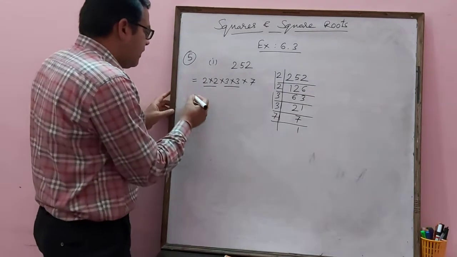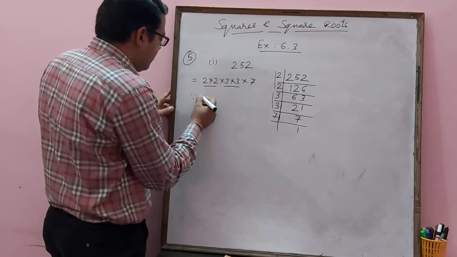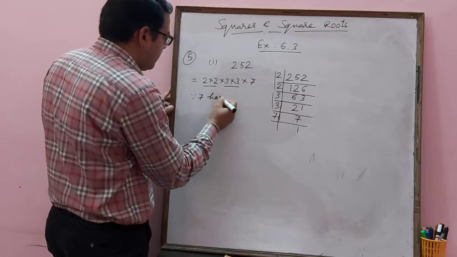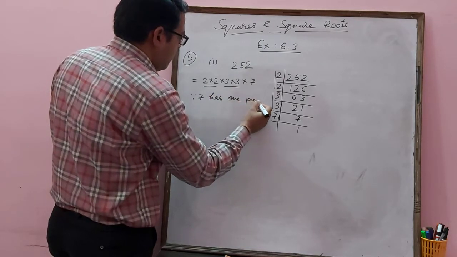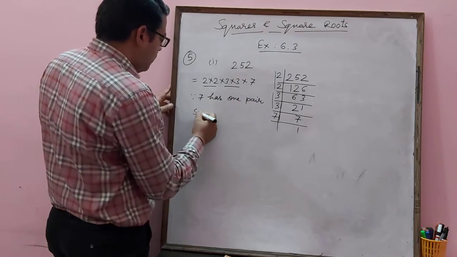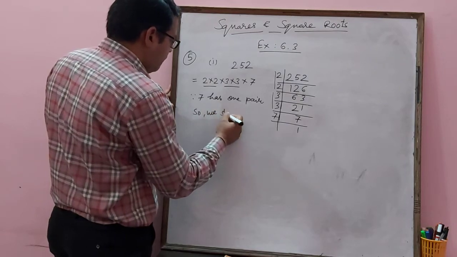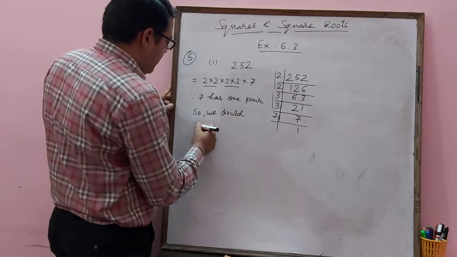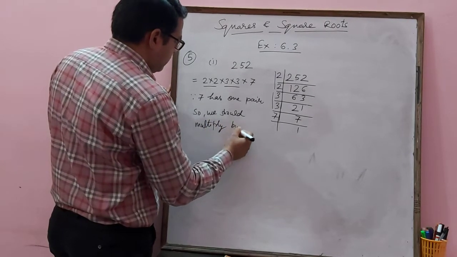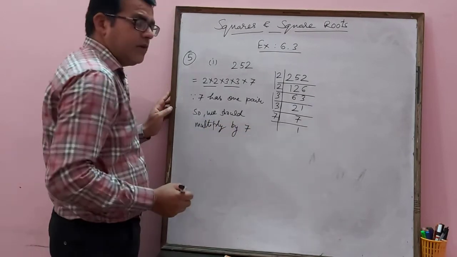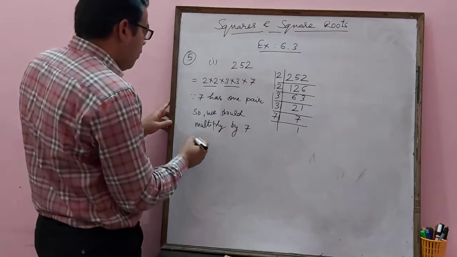It means you have to write here, since 7 has no pair, we should multiply by 7 to make a pair. Now what to do here?